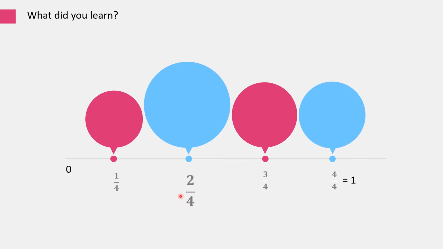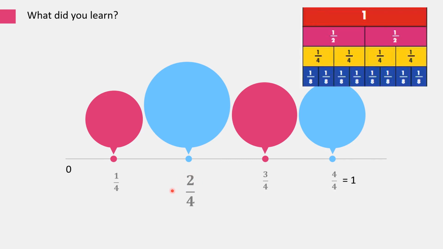So you can pick the way shown in the video, draw the number line and find the equivalent fraction. Or what can I do? I can use my fraction strip. So what is shown is that I have to find the equivalent fraction for 2/4. So just look, this yellow part on the fraction strip is equal to 2/4, right? So this is equal to what?